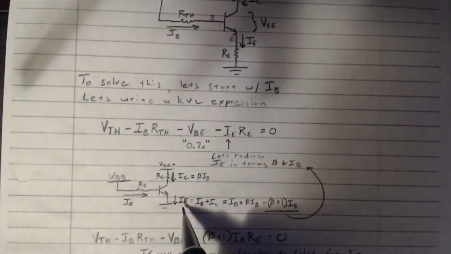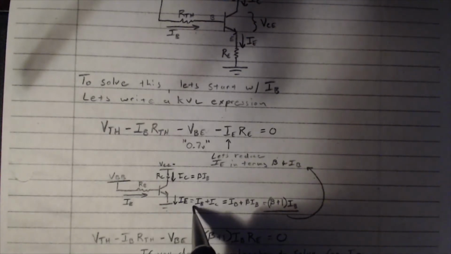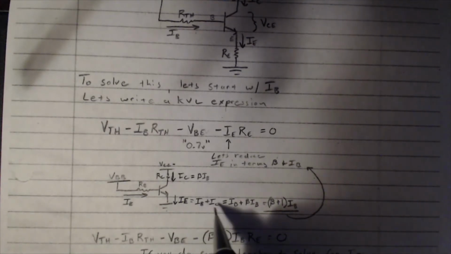And we know that by Kirchhoff's current law, IE, the emitter current, should be equal to the base current plus the collector current. Just KCL over here.